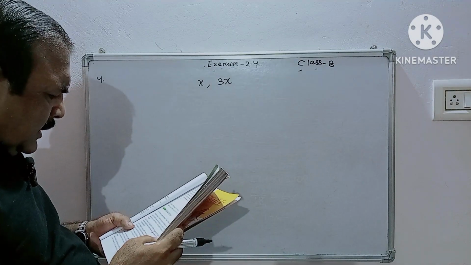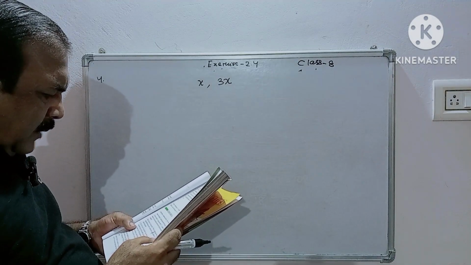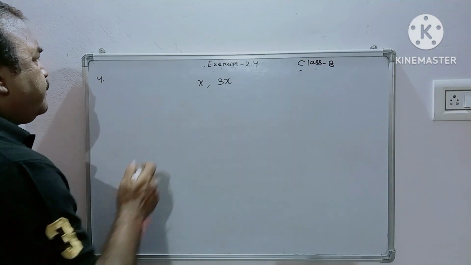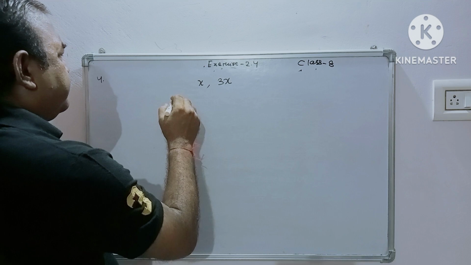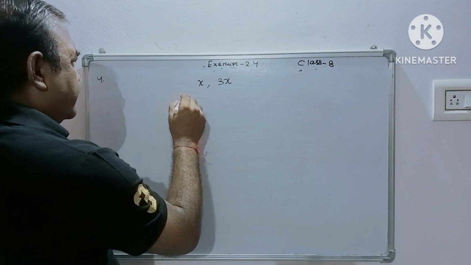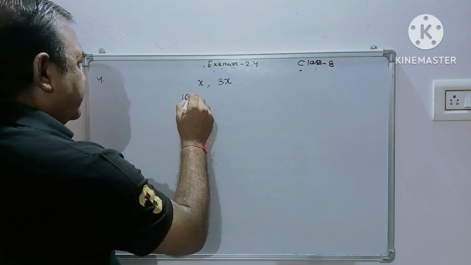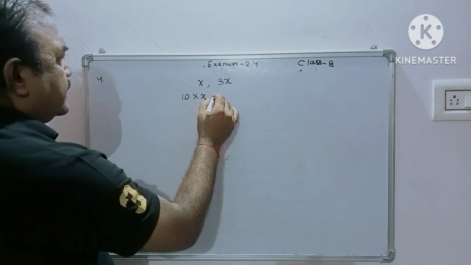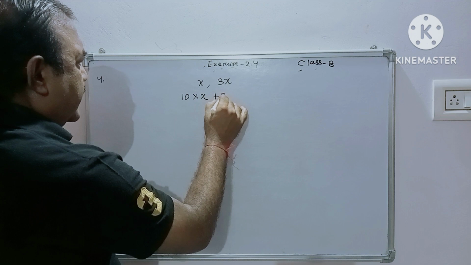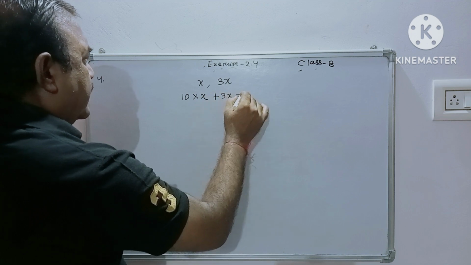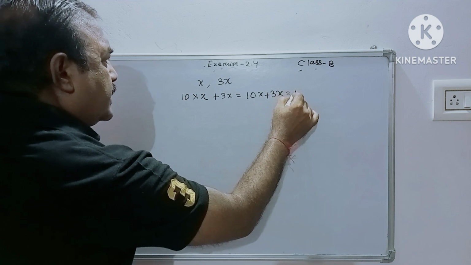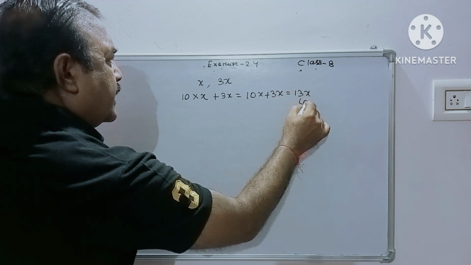Let us write the original number. Suppose 10 into x, that means I put x in the tens place and 3x in the ones place, plus 3x is equal to 10x plus 3x, that is equal to 13x. It is my original number.